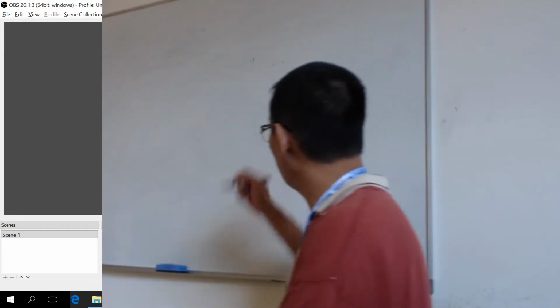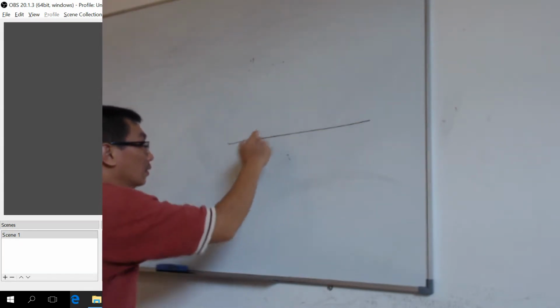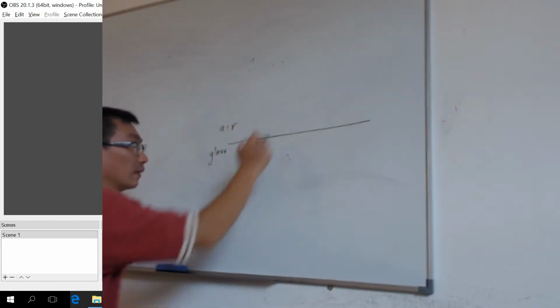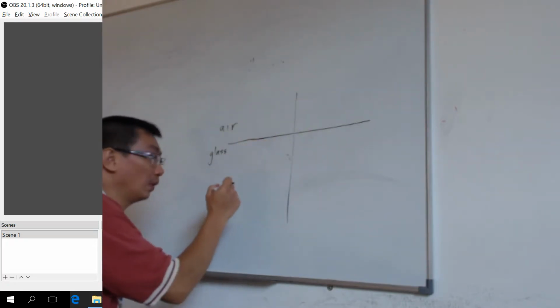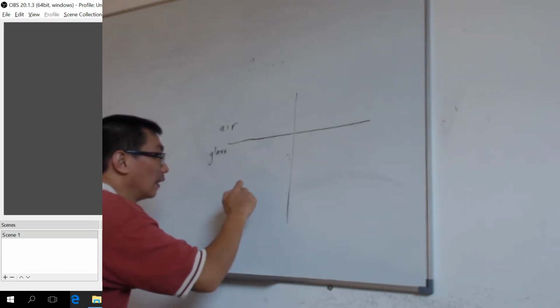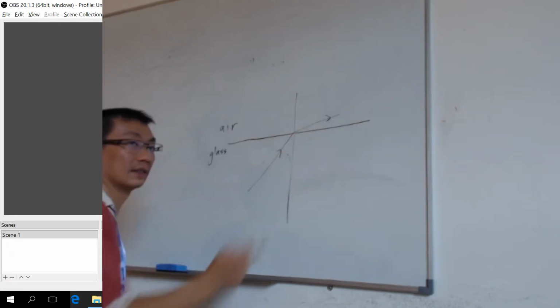All right. So normally it's like this. So this is the glass. This is the air. So when you put in the angle like this, it will go like this.